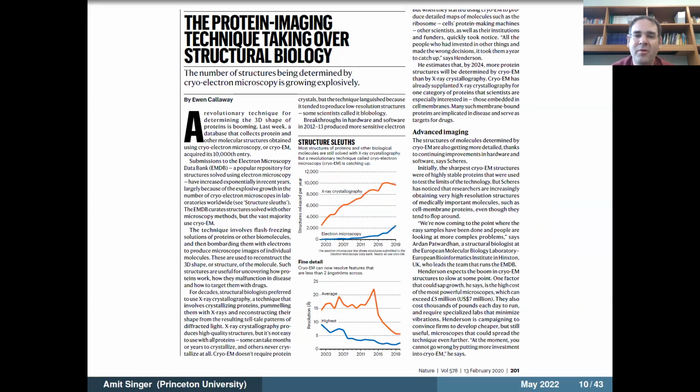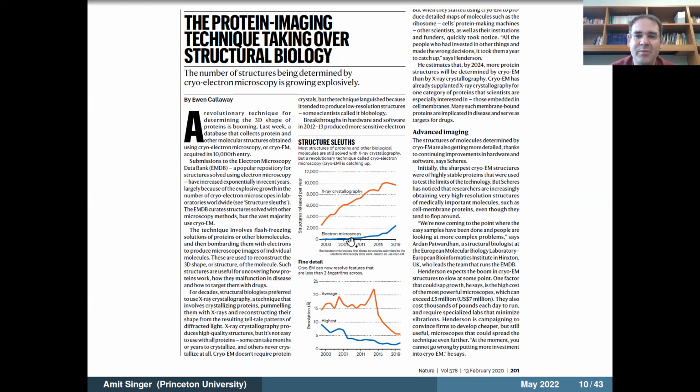This is perhaps more recent, from 2020. It shows two interesting figures. One is the number of structures deposited by structural biologists.